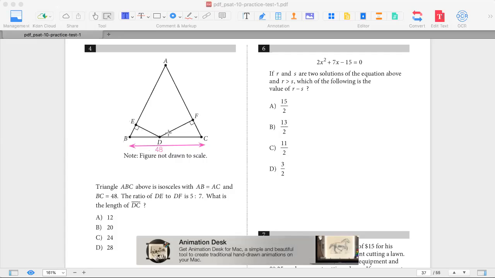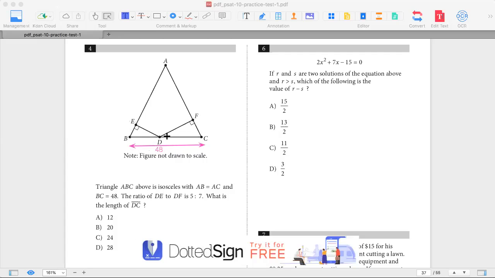Because triangle BED and triangle CFD have two corresponding pairs of angles that are congruent, they are similar. Angle E and angle F are congruent because they are right angles.